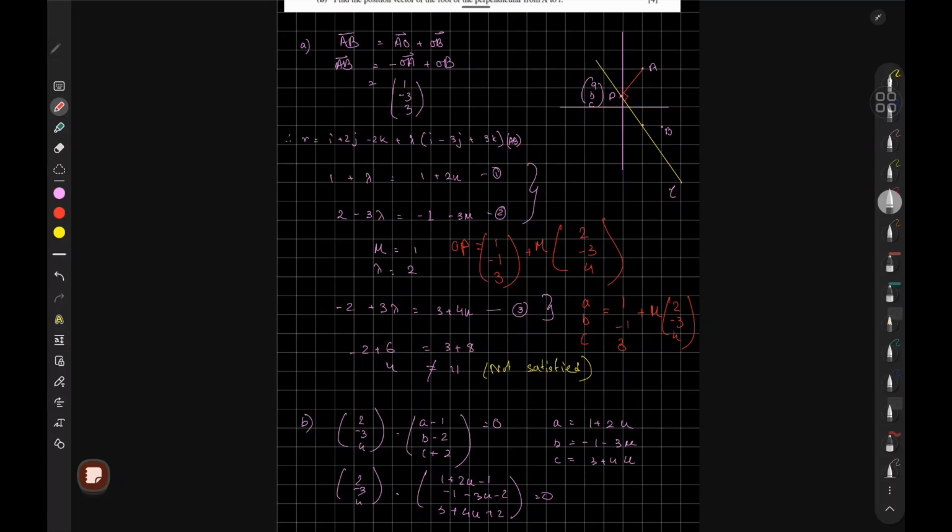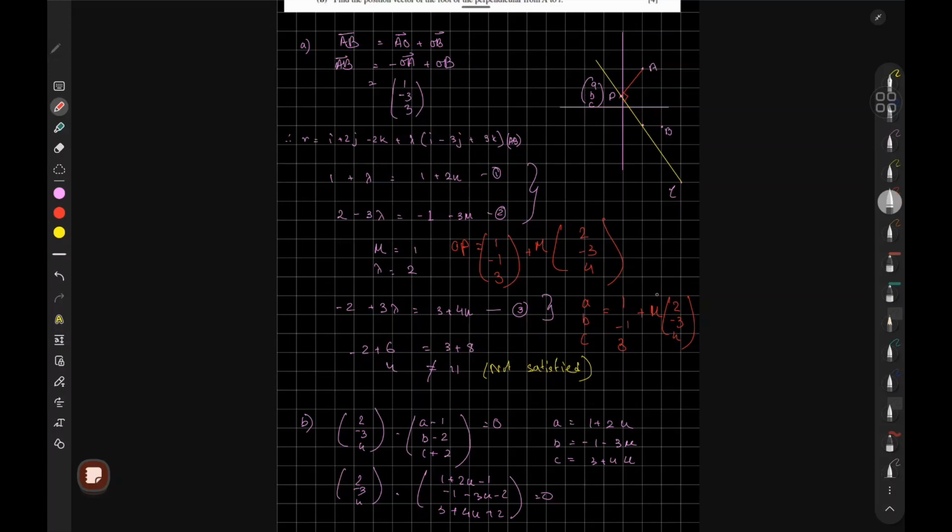If you're confused about how I formed this equation, I'll explain again. Basically, OP is a coordinate that lies on the yellow line, this line. Since OP does lie on the yellow line, we know that the coordinates of OP will be given by this equation.